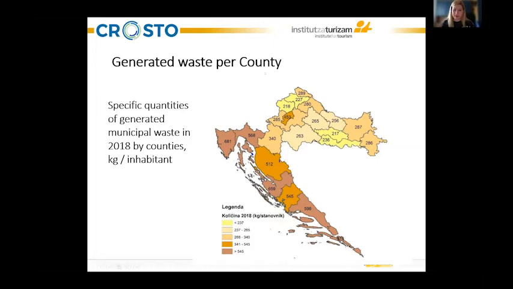On the other hand, in the Adriatic counties, you can see some very worrying numbers: 680 kilos per resident, 560 kilos per resident. It's not that they have very different habits regarding waste, but tourism is also included here. So that's the main impact when looking at the local level.